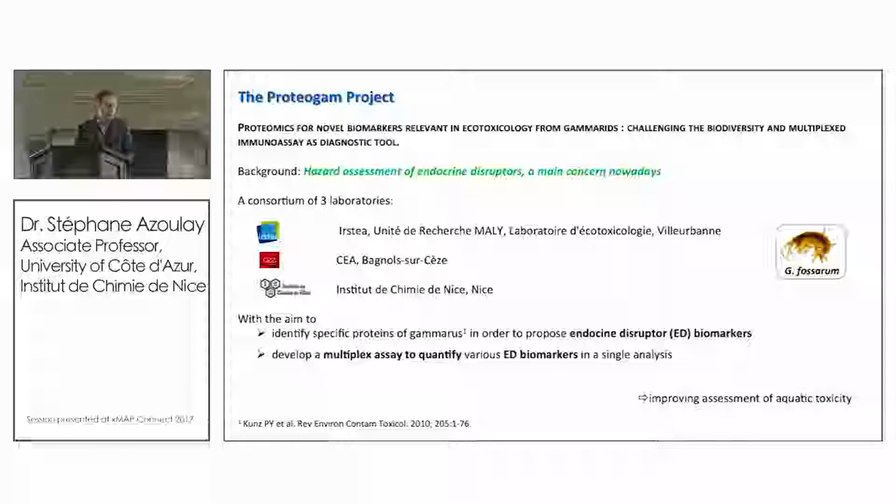With this aim, one of the teams of the consortium is using a small invertebrate called Gammarus fossarum, which is known as a sentinel species to follow the pollution of aquatic media.